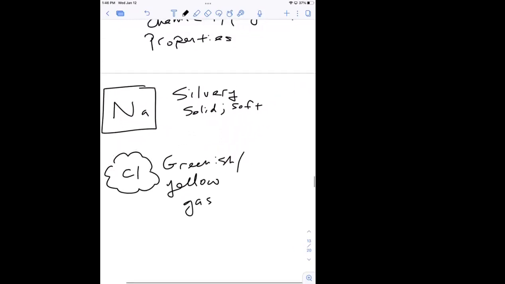Right, and we pipe that in, and we have the sodium there, right? What we're going to get out is a compound known as sodium chloride. Right, so these are the elements that make up the compound sodium chloride.